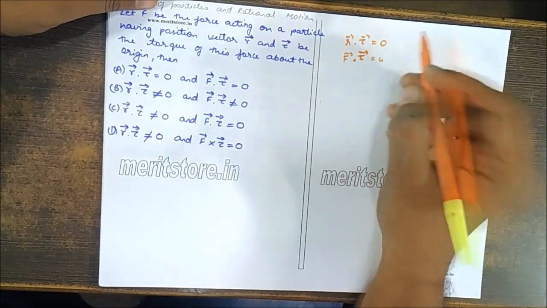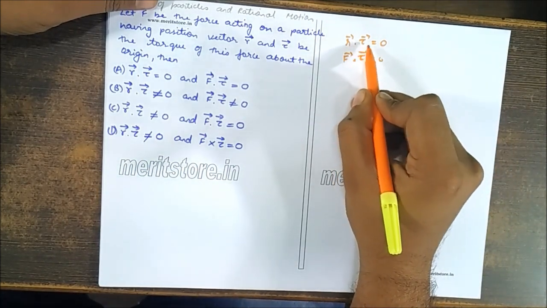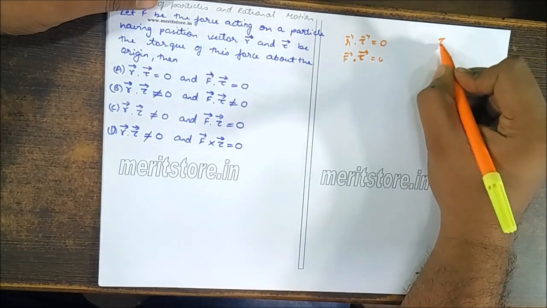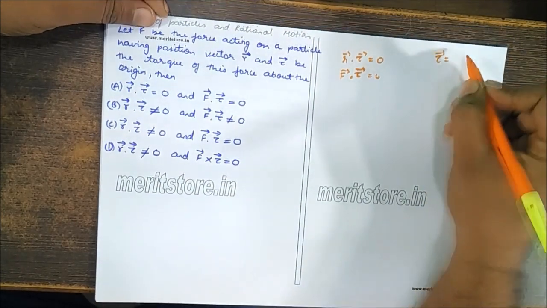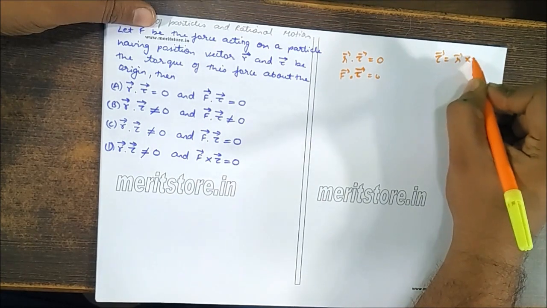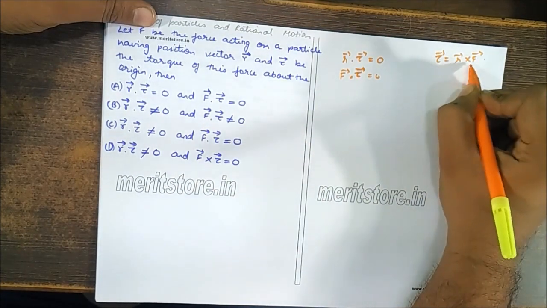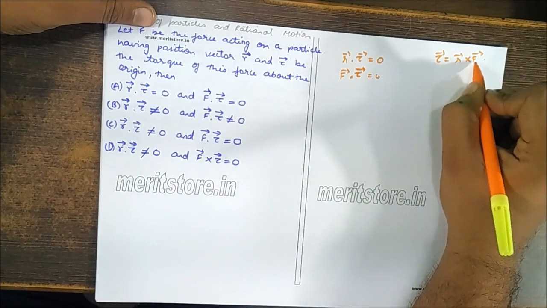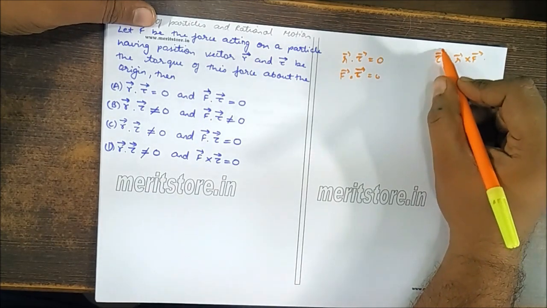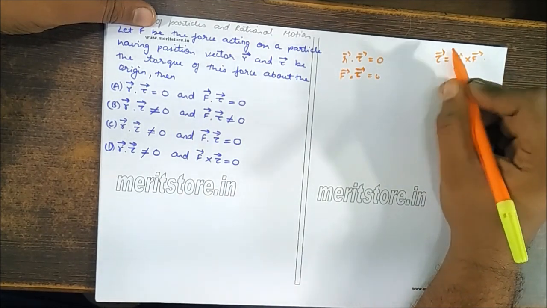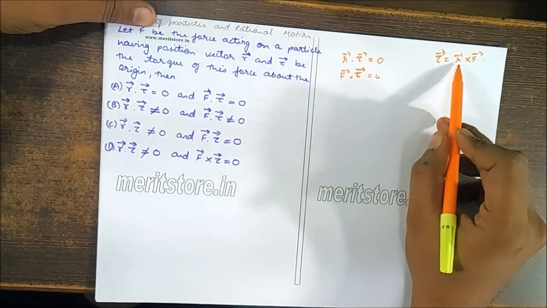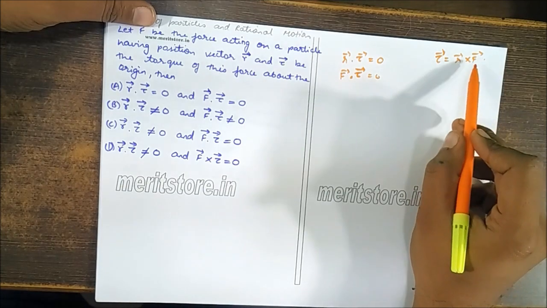Now, r bar and tau bar are mutually perpendicular, from this formula. The definition of tau bar is r bar cross F bar. So if a cross product of two vectors is taken, then the third vector is perpendicular to both. That means tau bar is perpendicular to r bar as well as F bar.